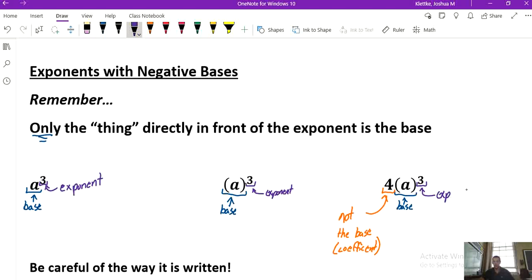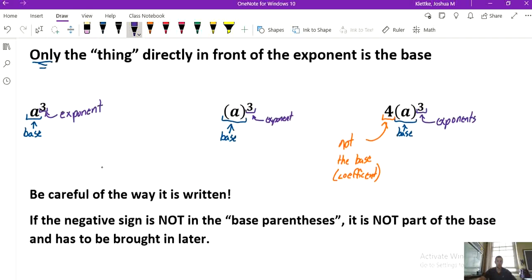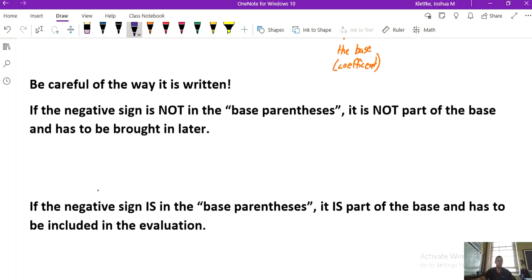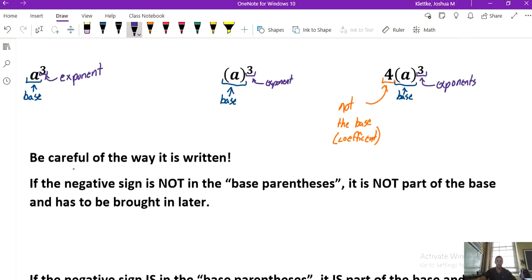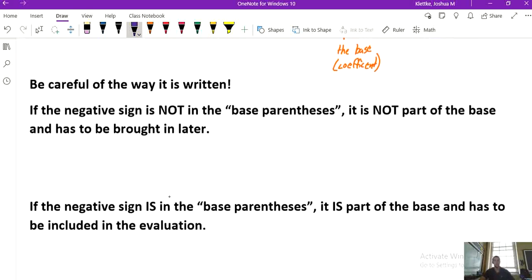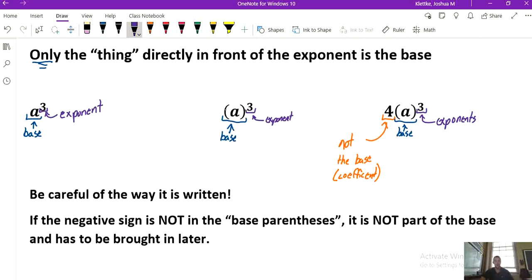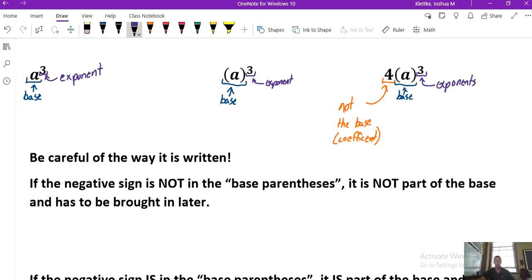The title says that we're talking about exponents with negative bases. We're going to start bringing in negatives pretty soon, but I want you to make sure that you understand what is the base and what's not. If the negative sign is not in the base parentheses, meaning the exponent is directly attached to a set of parentheses, it is not part of the base and has to be brought in later.